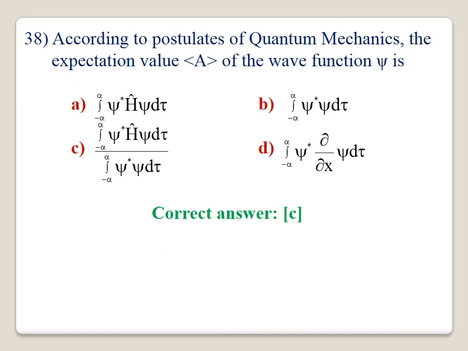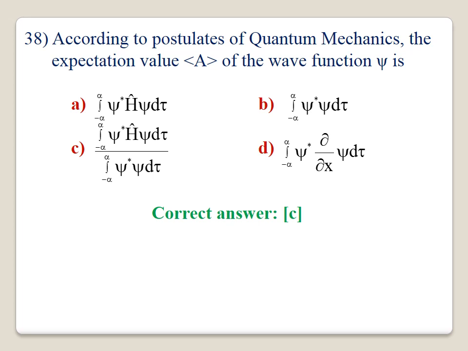38. According to postulates of quantum mechanics, the expectation value of the wave function. Here, the expectation value is for an unnormalized wave function. Therefore, option C is correct: integration from minus infinity to plus infinity of psi star H psi d tau divided by integration from minus infinity to plus infinity of psi star psi d tau.